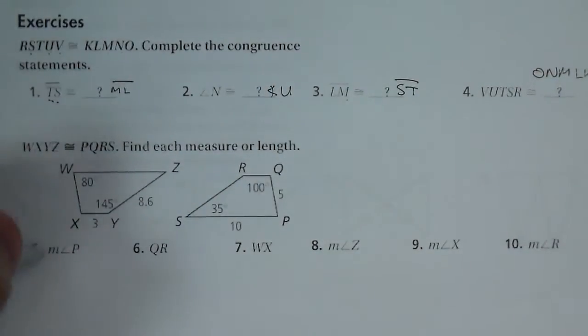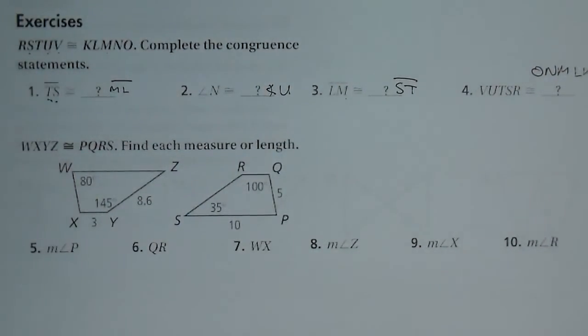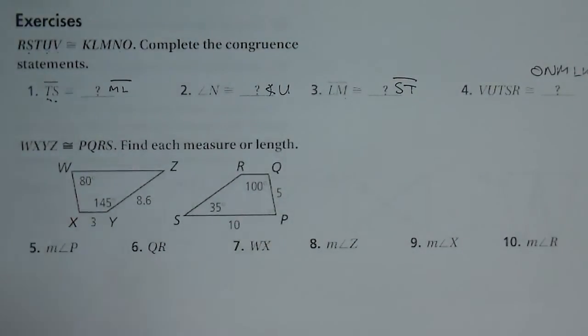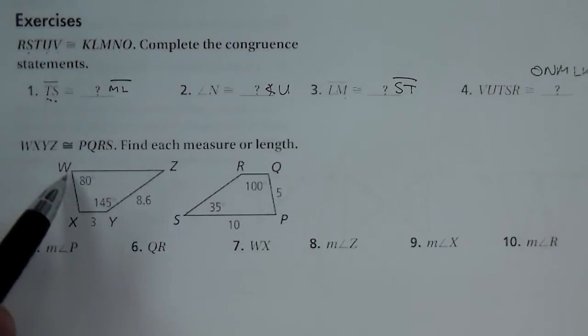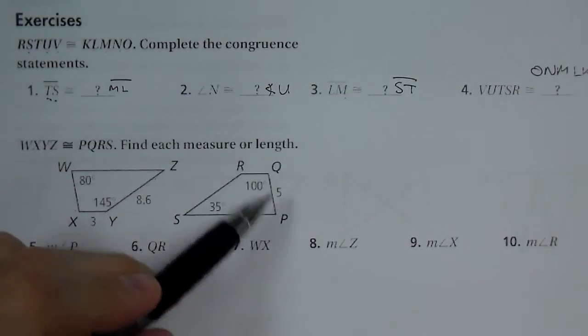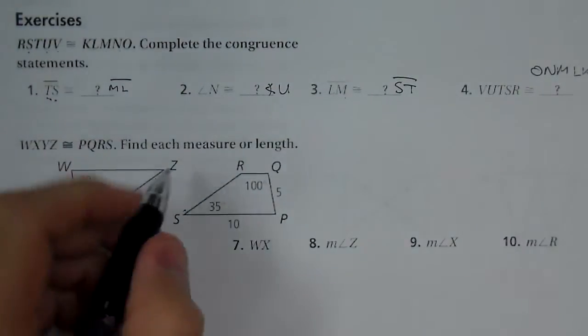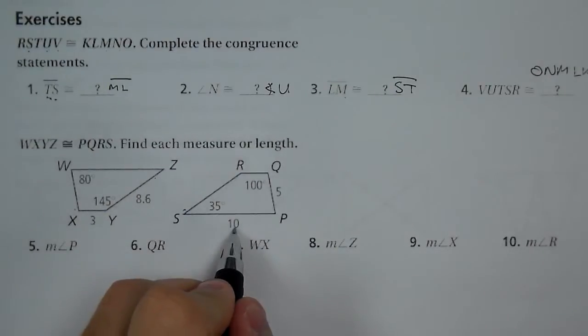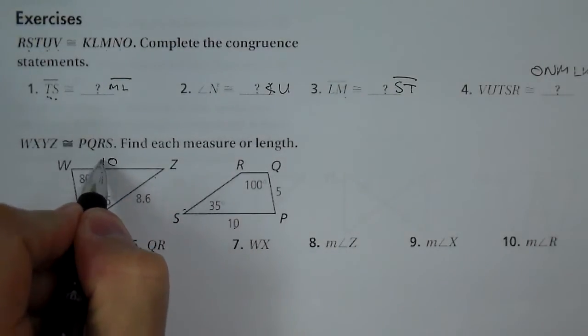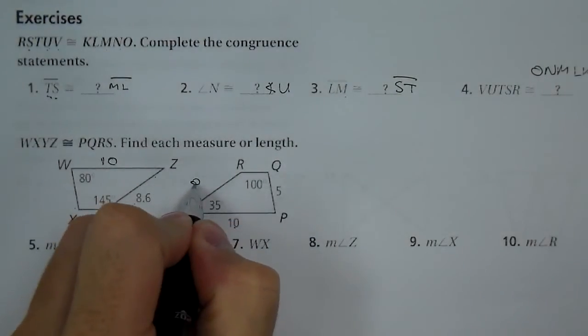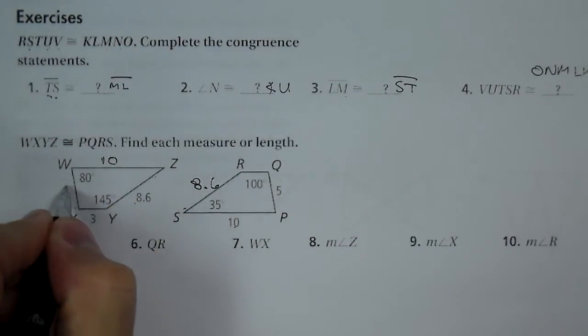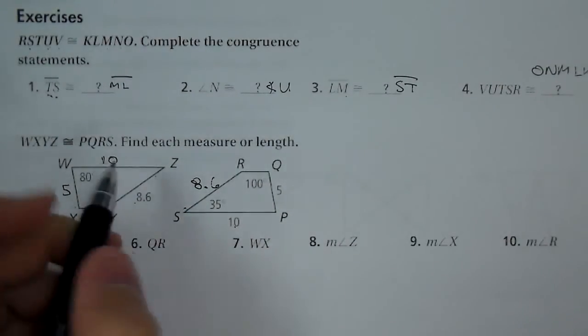Now we take that same idea and look down at 5 through 10, where we now have corresponding objects. And so let's match up some parts. Now before I go through and name these, I'm just going to look at the picture. I have WXYZ, PQRS. So I can match up corresponding parts. If I have 10 here, this side is 10. 8.6 goes to 8.6 here. 5 and 5 match.